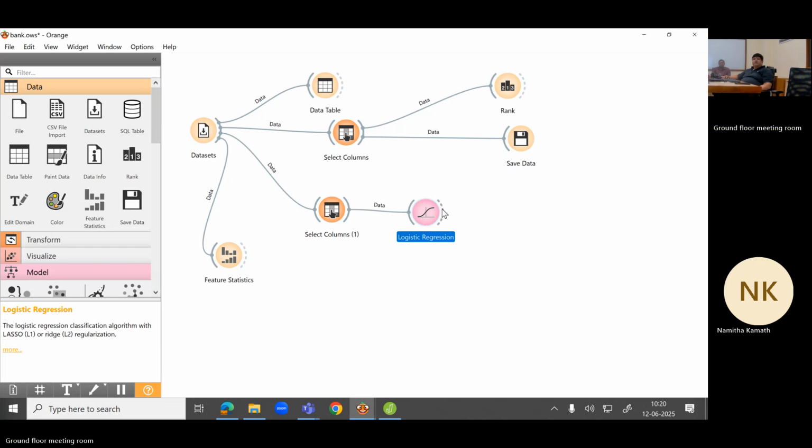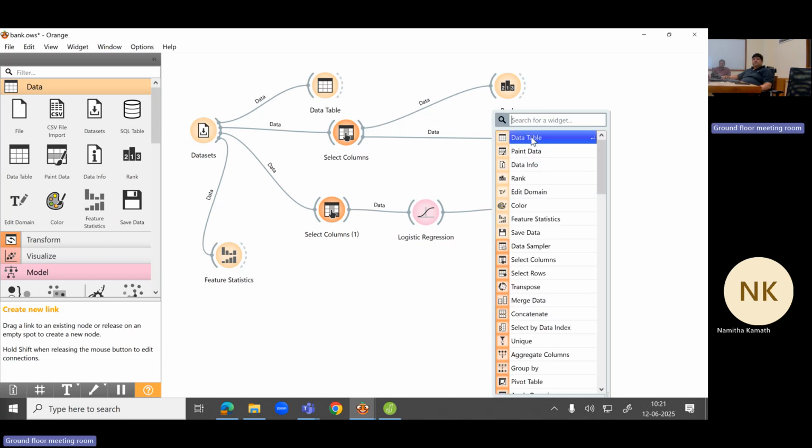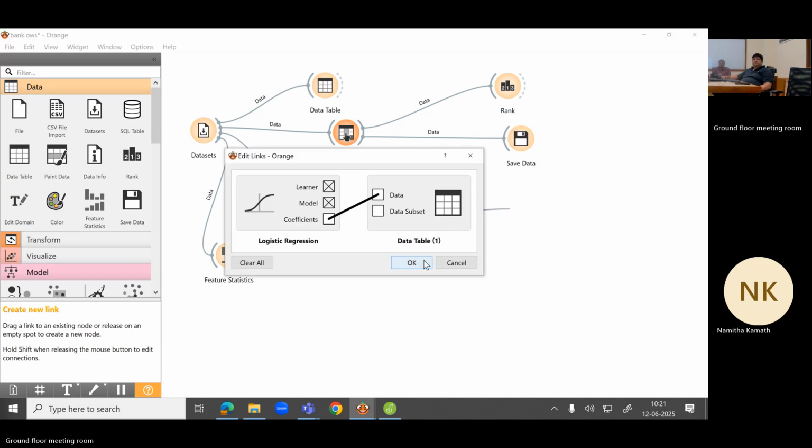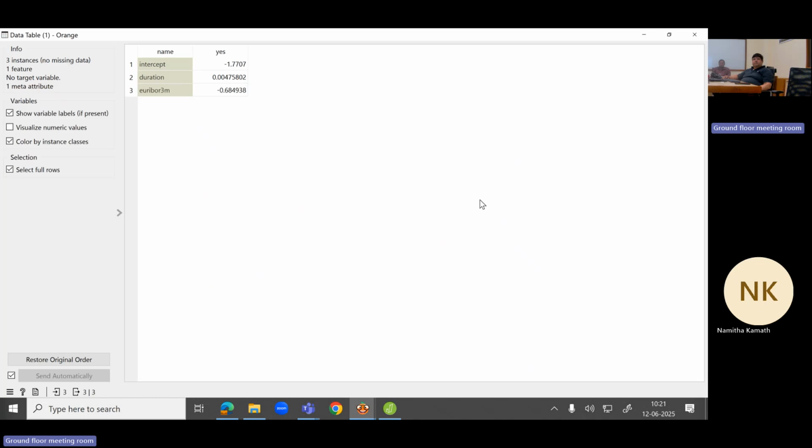And when you go to data table from here, it will give you the coefficients. The same thing what you have received in JAS, right? JAS is also the same thing, no?